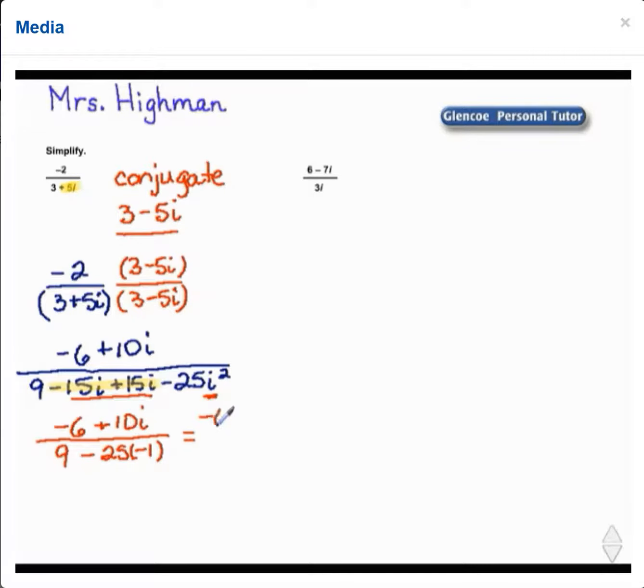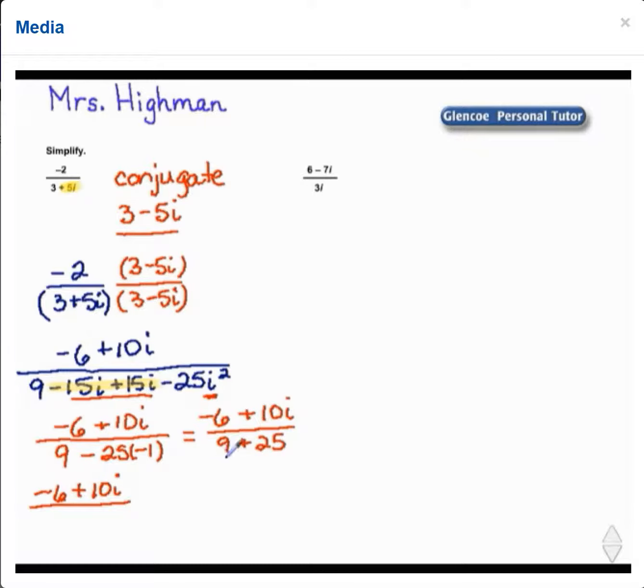We have negative 6 plus 10i in the numerator. 25 times negative 1 would be negative 25. So minus a negative 25, that means we're going to be adding. So we have 9 plus 25. So now we have negative 6 plus 10i.